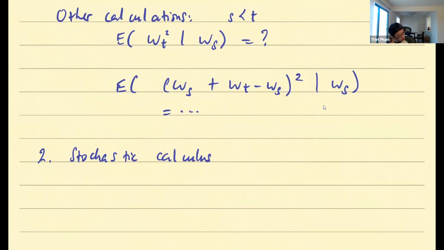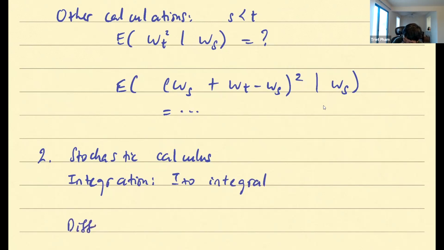So for the last half hour or so, let's go to point 2, which is the stochastic calculus. And so stochastic calculus basically has two portions. One is the so-called integration, and that falls under the name of Ito integral. And the other part is differentiation.